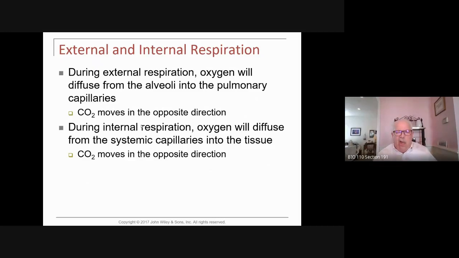This is when you're getting oxygen into the bloodstream and carbon dioxide out of the bloodstream. When that blood goes to the tissues in your legs during internal respiration, oxygen goes into the capillaries and carbon dioxide comes out. Okay? So that is very important to understand.